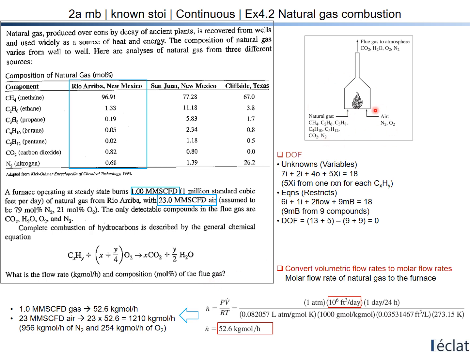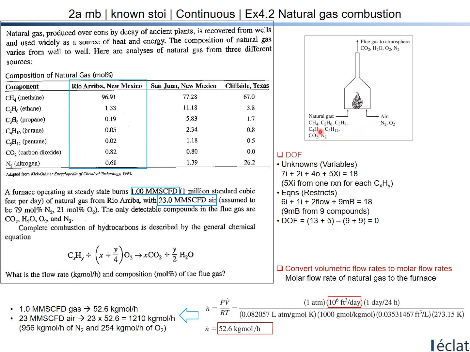Here is the diagram for describing this problem, and let me check the degree of freedom. The first part is the unknowns or variables. I'd like to take the compounds as the components for the mole balance equations.